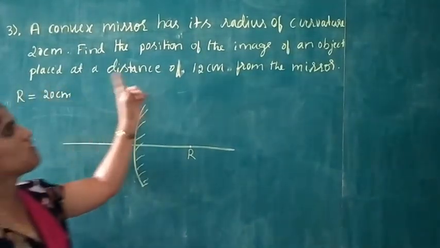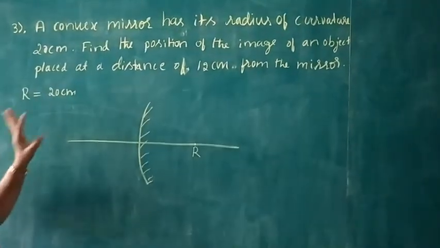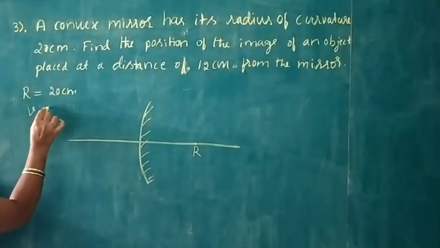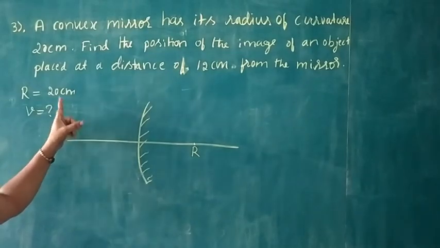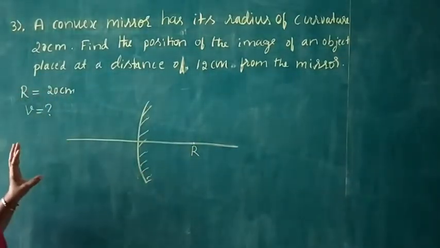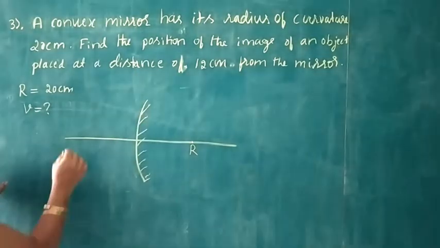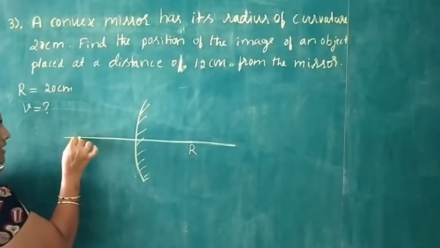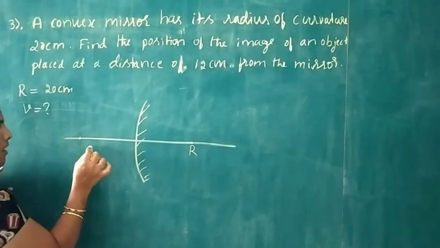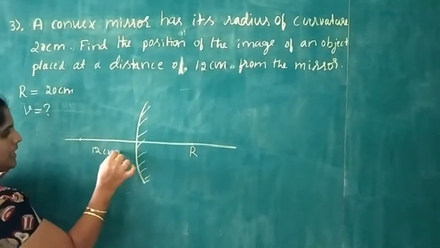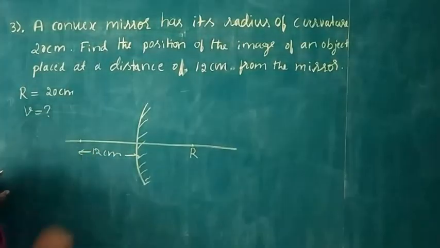Next, find the position of the image, that is v, of an object at a distance of 12 centimeter. That means the object is placed at a distance of 12 centimeter from the mirror. This is the object distance, u.